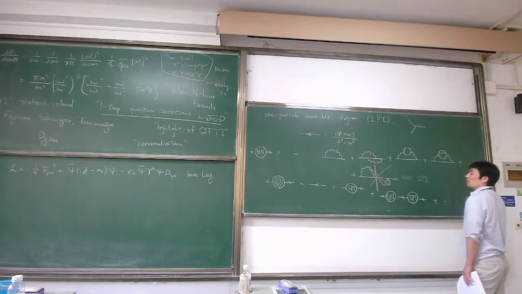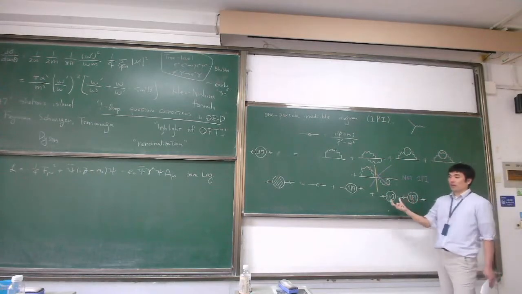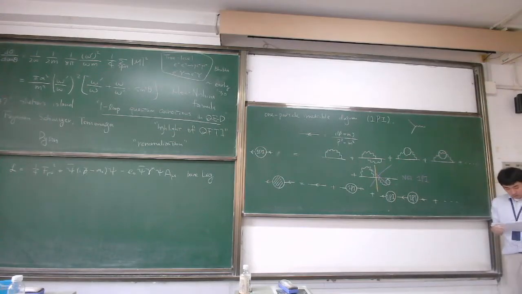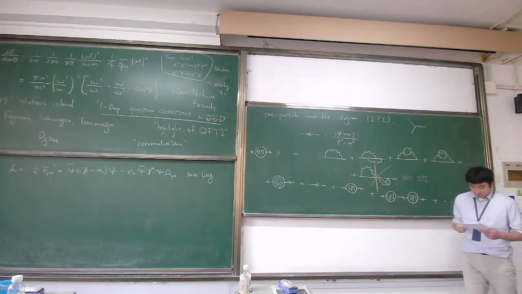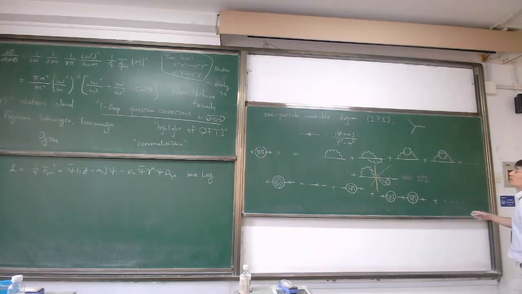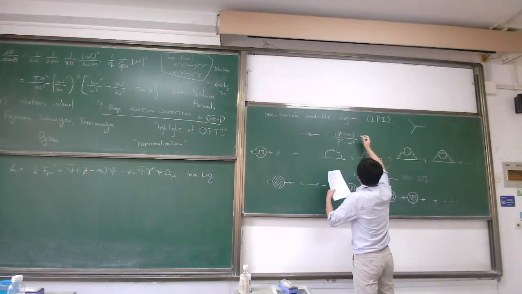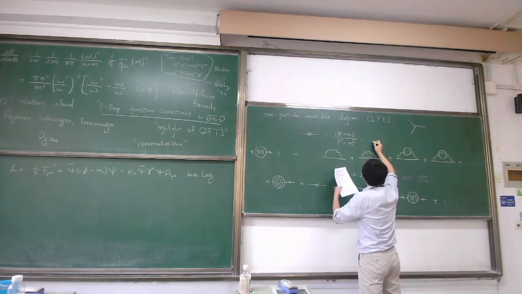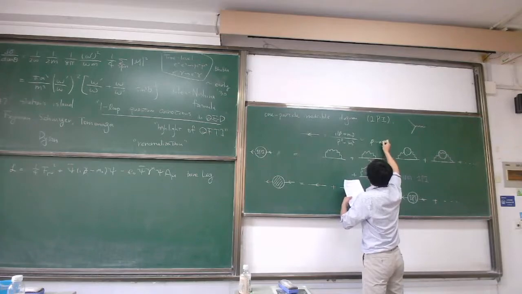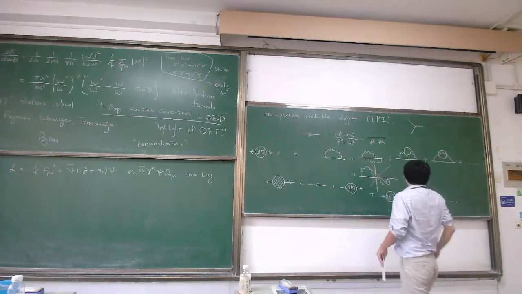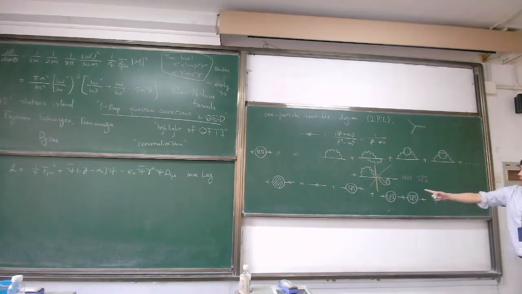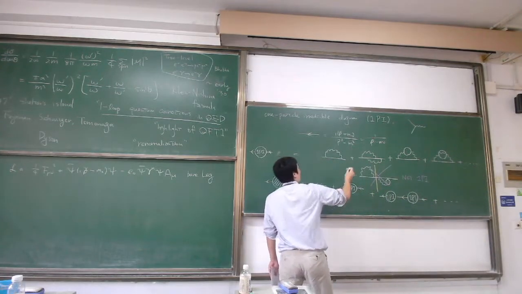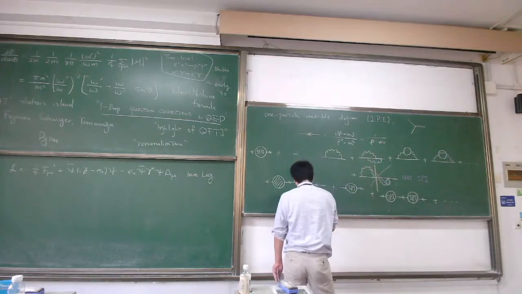You just repeat it, adding the 1PI diagram. That is the whole diagram, and this is called M0. More precisely, I call it p-slash minus M0.